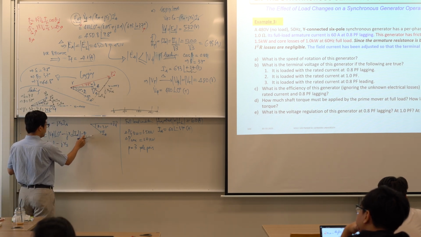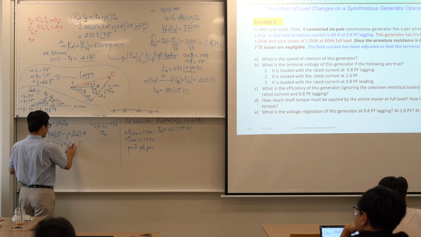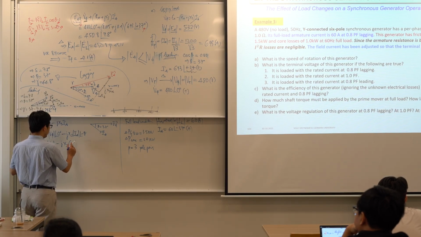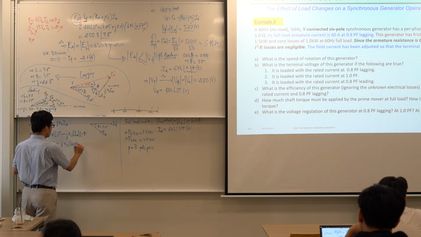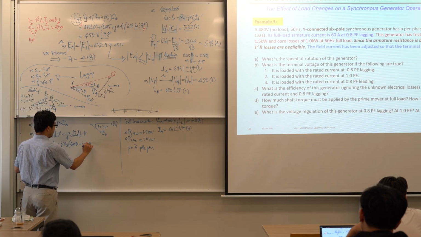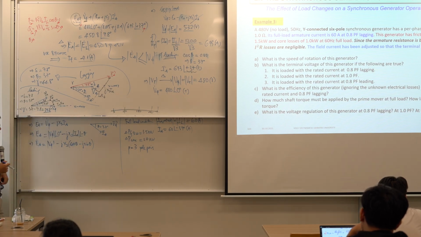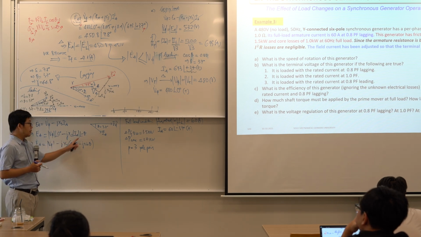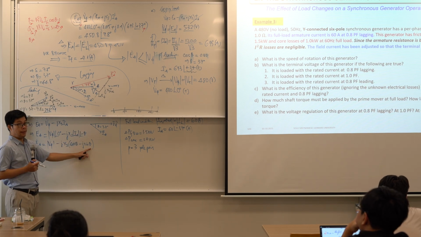So IA with minus theta, that means we have cosine theta minus j sine theta. Do you agree with me? Cosine of minus theta is cosine theta. Sine of minus theta is minus sine theta.